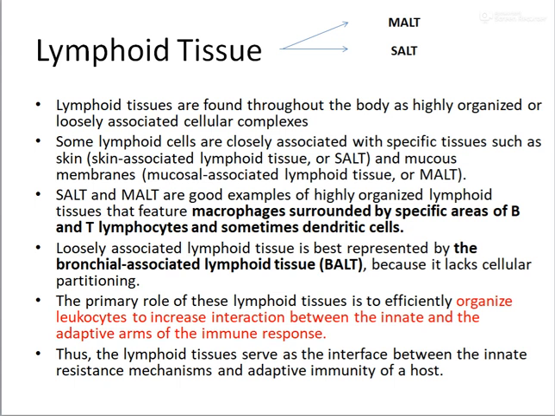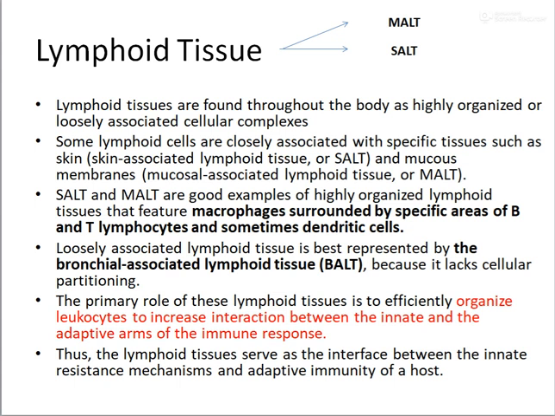And sometimes you can also find loosely associated bronchial associated lymphoid tissues, where such cellular partitioning is not present. The primary role of these lymphoid tissues is to organize the leukocytes and to increase the interaction between the innate and the adaptive arms of the immune response.